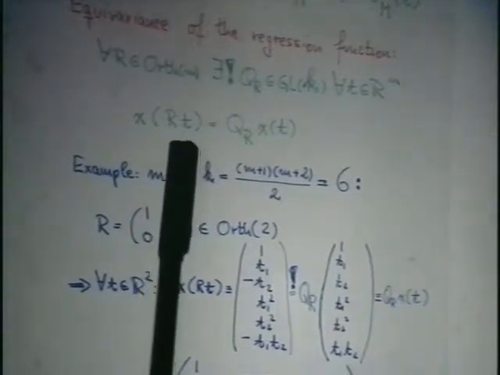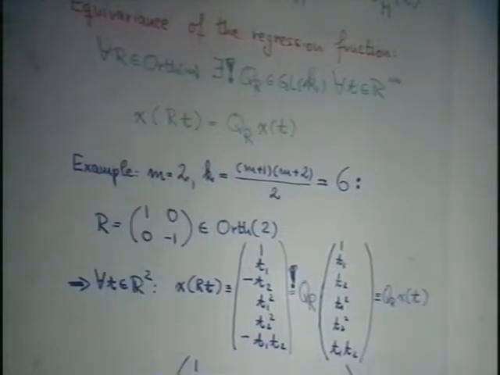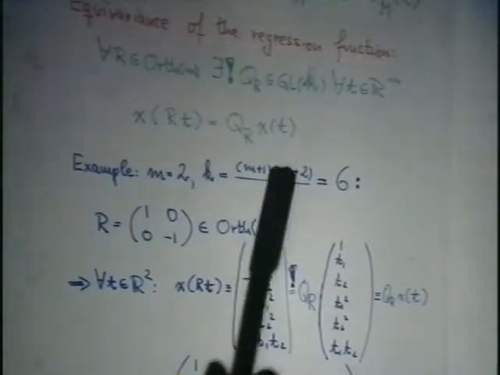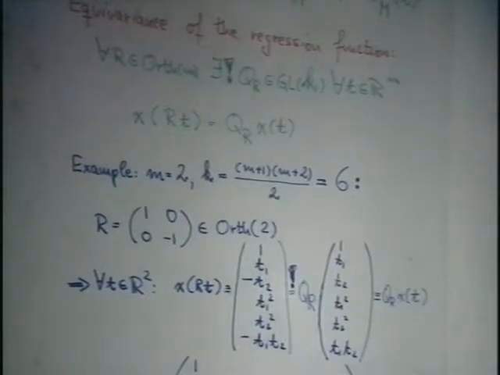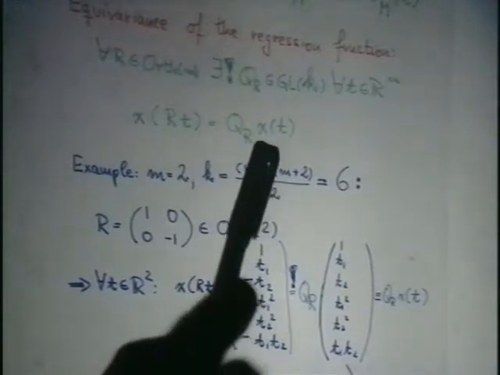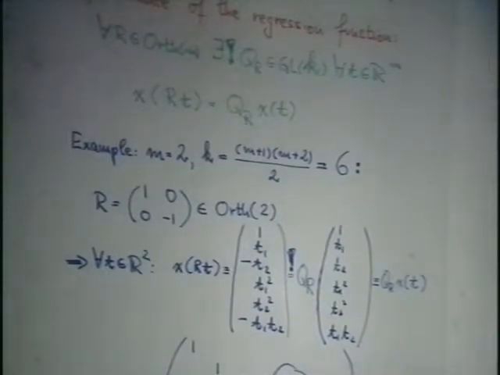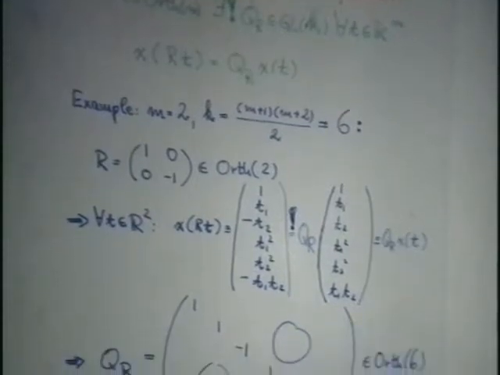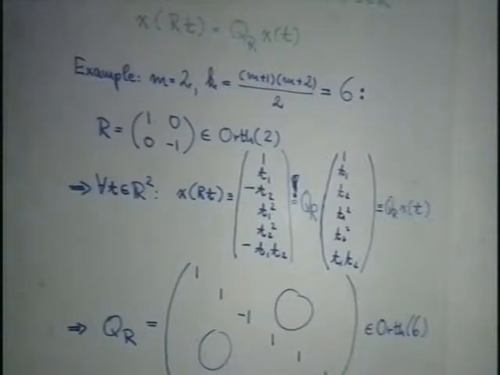We can take the experimental conditions T, rotate them, and then form this big regression vector X. Or else, if we choose to go the other way, we can take the experimental conditions T, form the big regression vector X, and then appropriately rotate this big vector. Appropriately means that given the little r, I can compute a big rotation, a big transformation, so that these 2 approaches, these 2 avenues lead to the same goal.